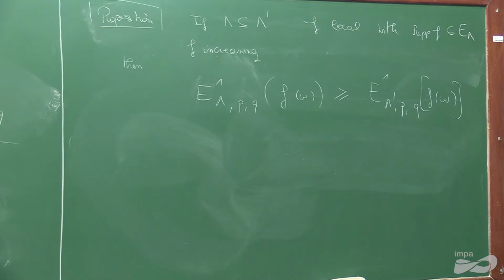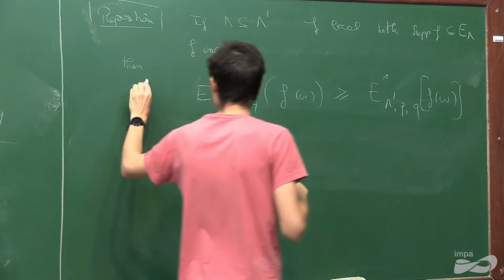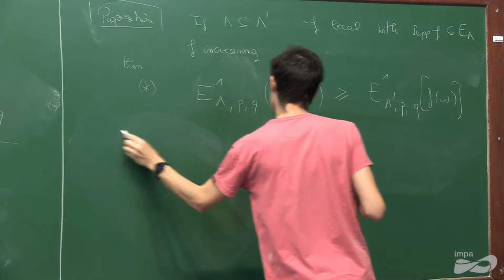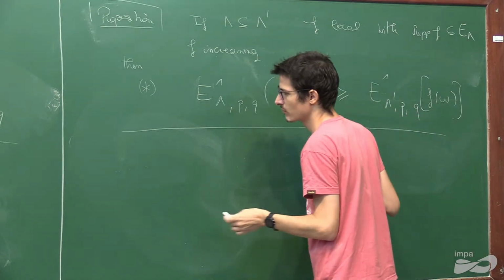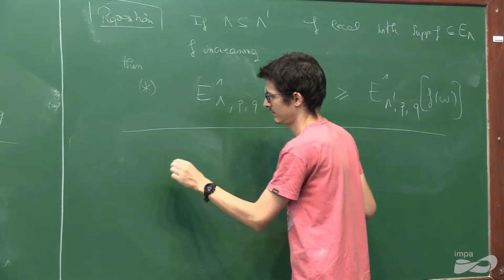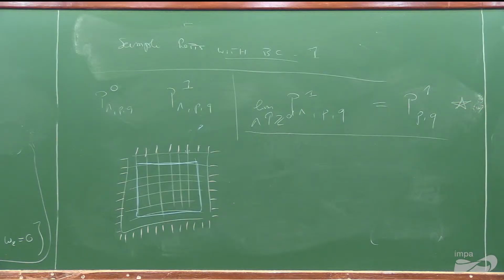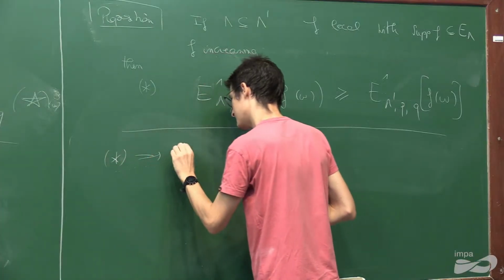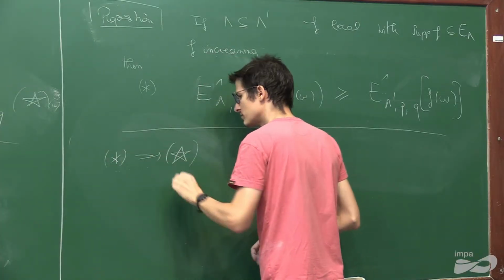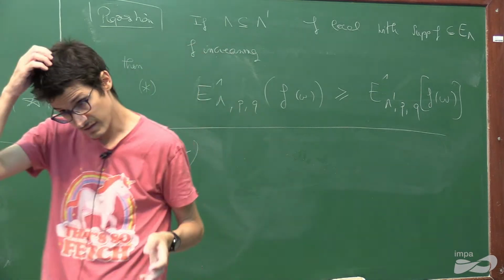Okay, if this is true, basically you can conclude that star implies star, just using the same thing as for the Ising model.